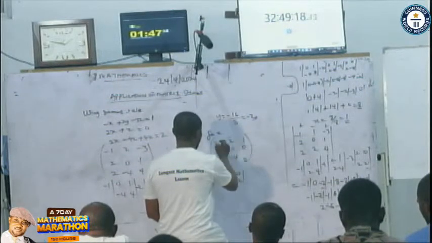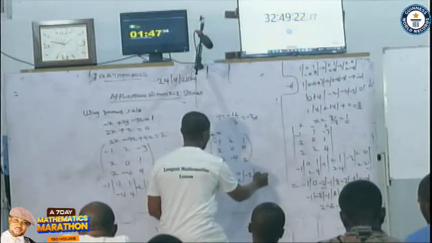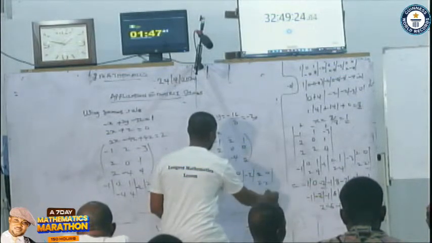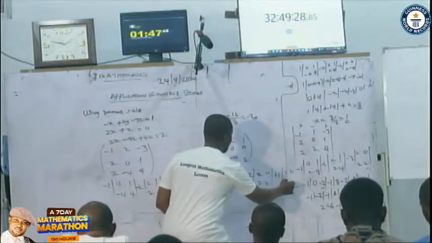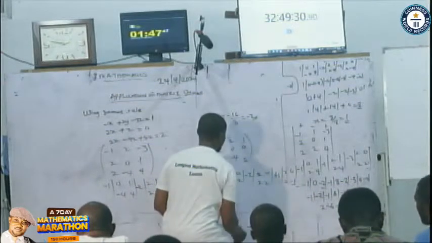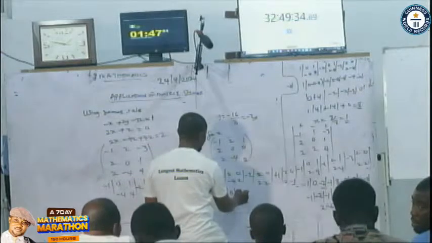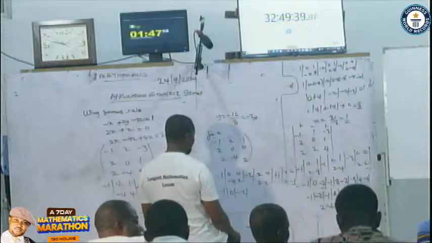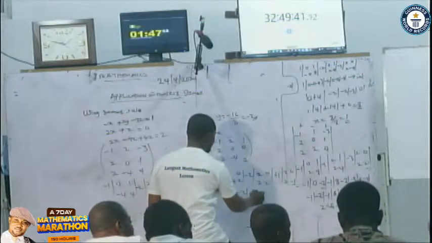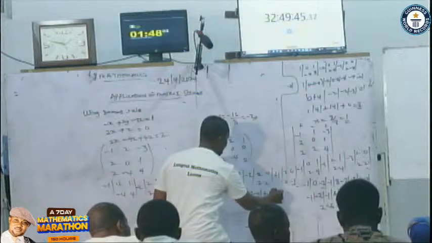Now put minus here. Minus 2 into 2, 0. Then plus 1 into 2, 0, 2 minus 4. So that will be minus 1 into 0, minus 2 into 4 minus 0, plus 1 into minus 3 minus 2.